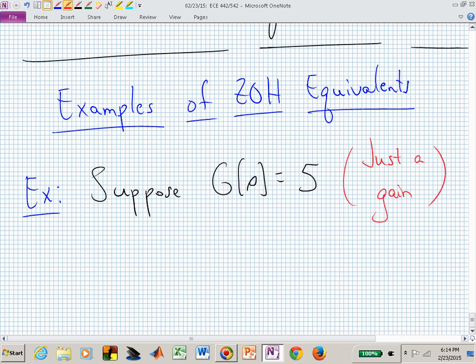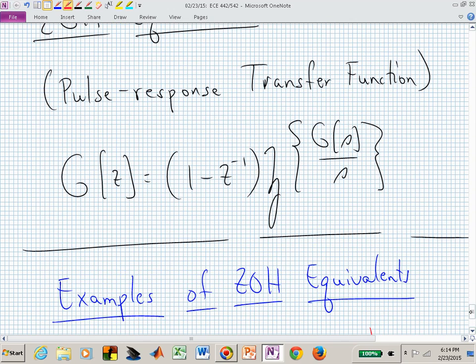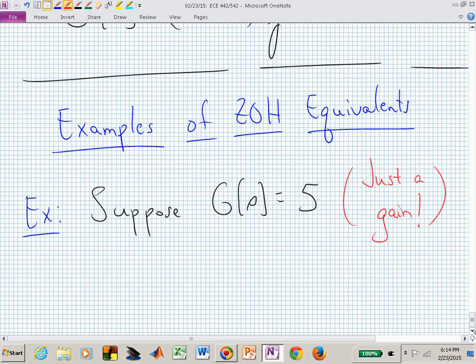If somebody had a system that was just a gain in the analog setting, what would that look like when you found the zero-order hold equivalent, or what might be called the pulse response transfer function of a gain?